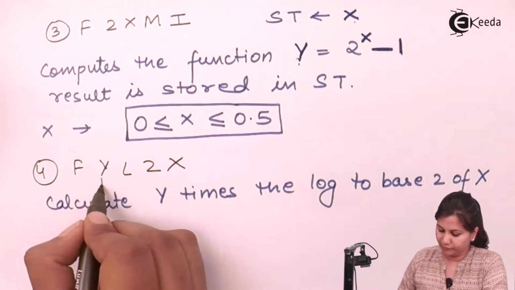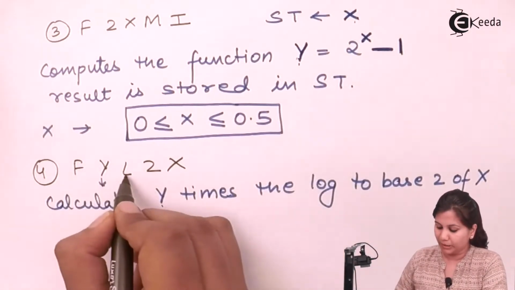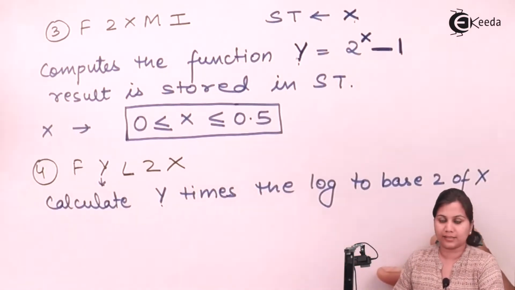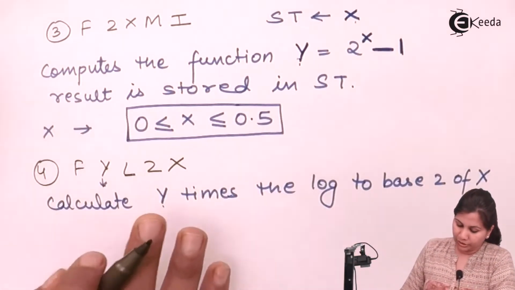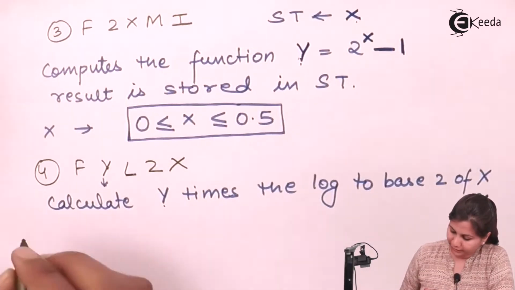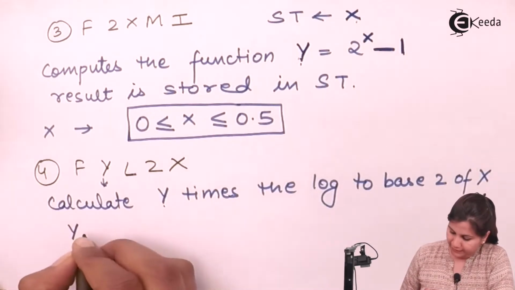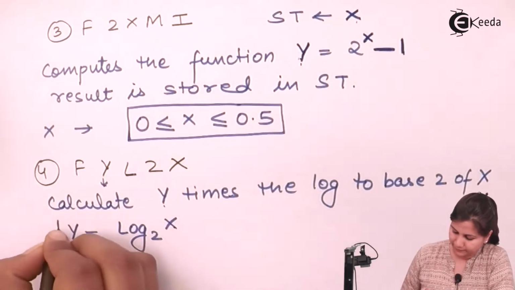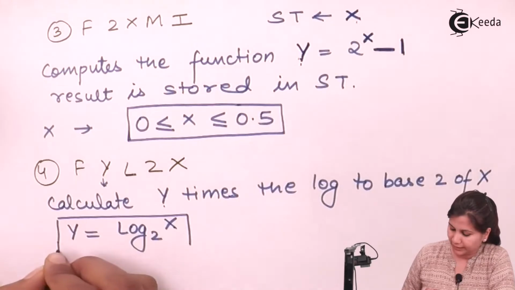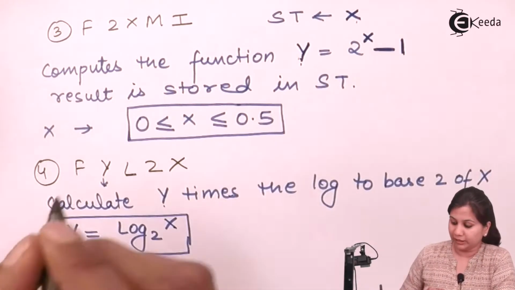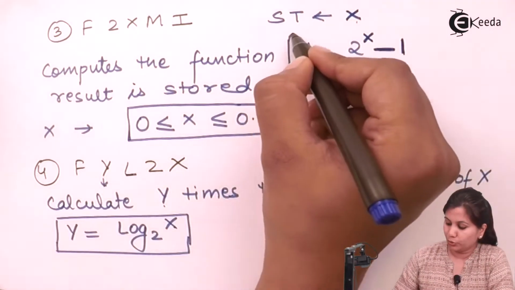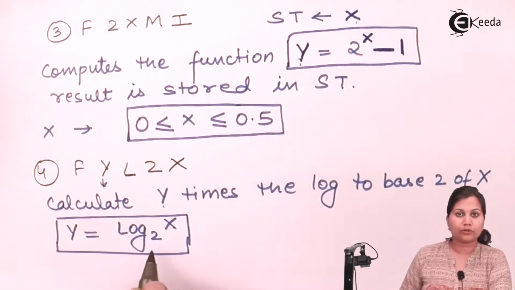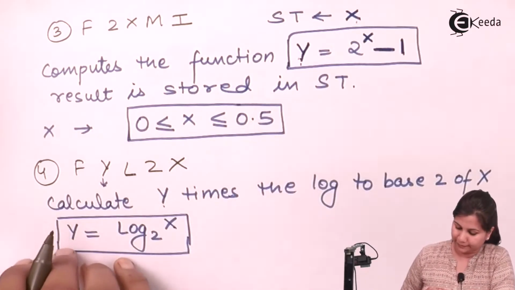That L is for the log 2 and then x is the value. Now here, what we are calculating is y equals log to the base 2 x. Earlier we were calculating y equals 2 raised to the power x minus 1. Now we are calculating y equals log to the base 2 x.